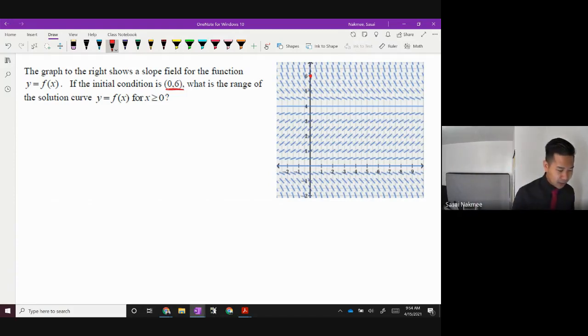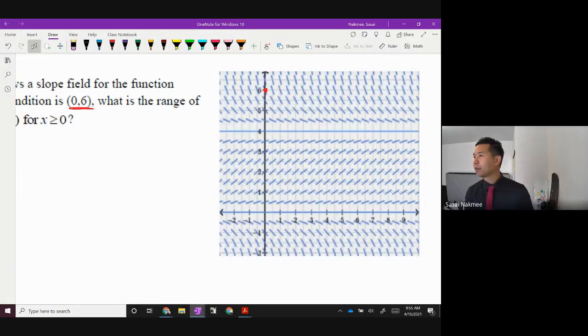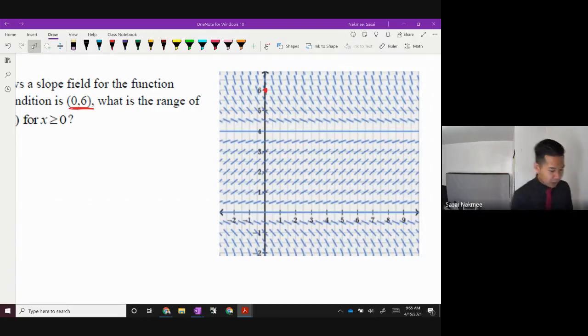Look at this slope field and see that it has to pass through that red dot. Can you picture what this graph should look like? You got it in your head? Hopefully you do. It looks like this. I'm hoping you can see it. It looks like this, doesn't it? It follows through like so. And then when it gets to here, it kind of flatlines.